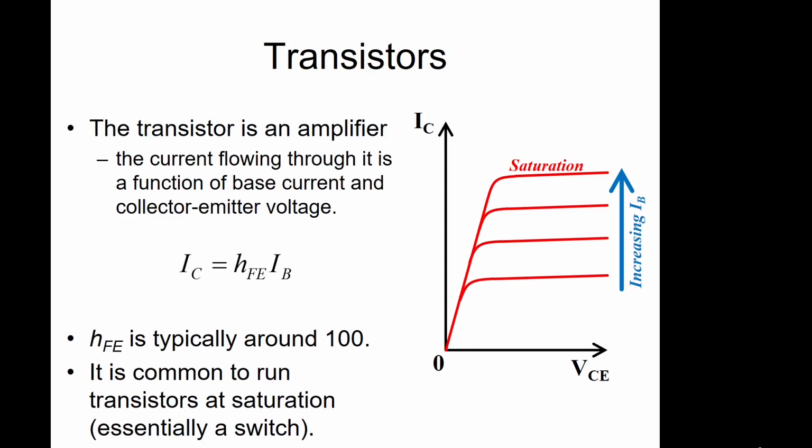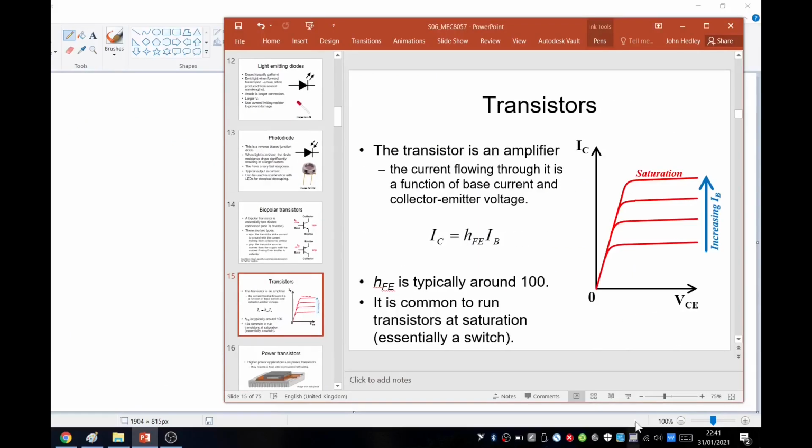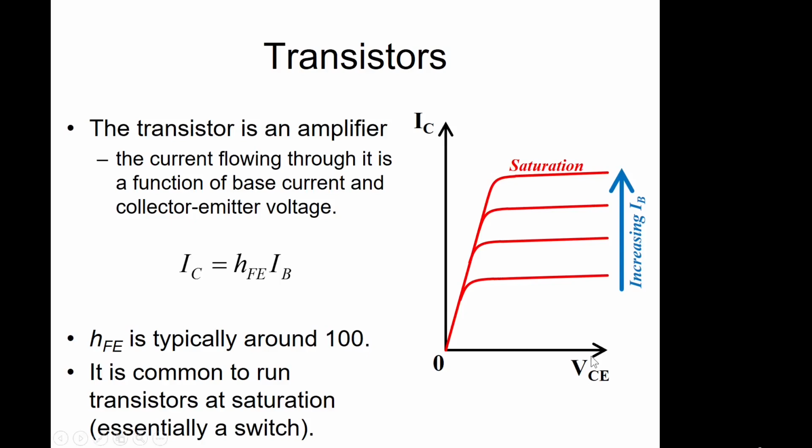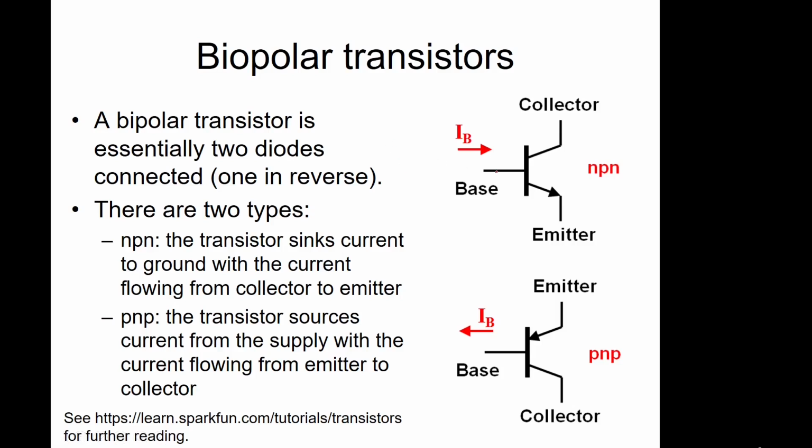So as I said, a transistor is just an amplifier. When you put current into the base, here, a small amount of current, you get a large current flowing through here.